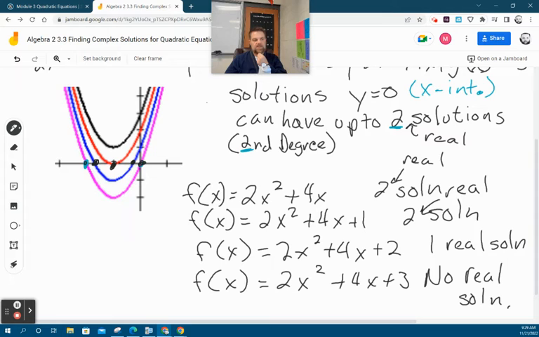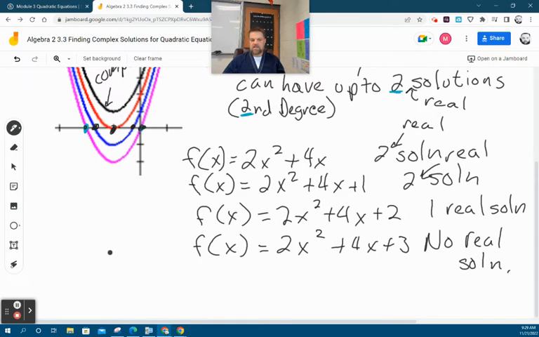So what does that mean? Well, I'll tell you what it means, because if you were to try to figure this out for yourself, this one here, because it doesn't cross, has a complex solution. So it has no real solutions, which means it doesn't cross the x-axis.